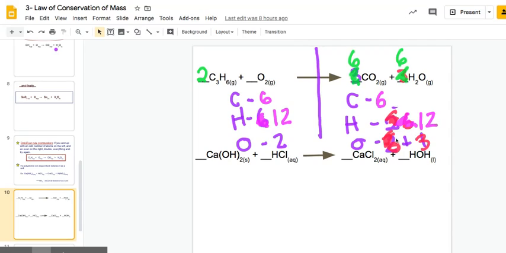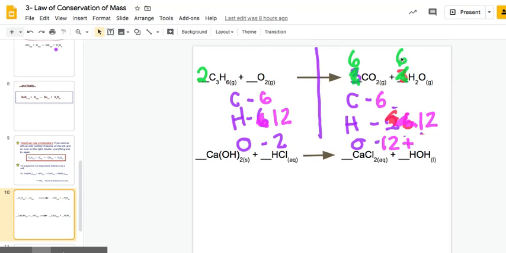And now let's count my oxygens. This guy we're still leaving at 2. 6 times 2 this is a 12. And just erase that so it doesn't get confusing here. And I have 6 times 2, so it's a 12.